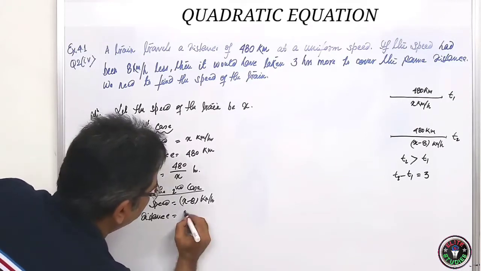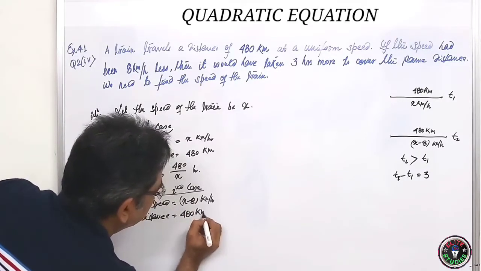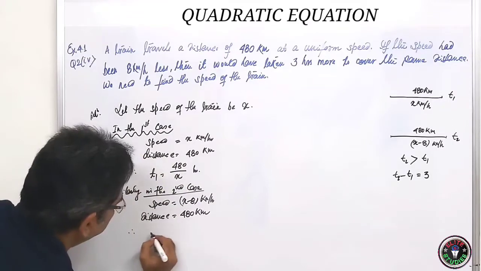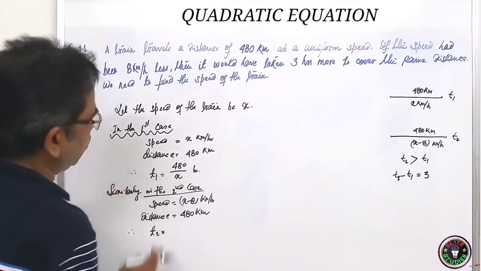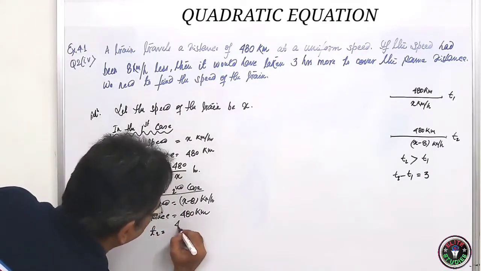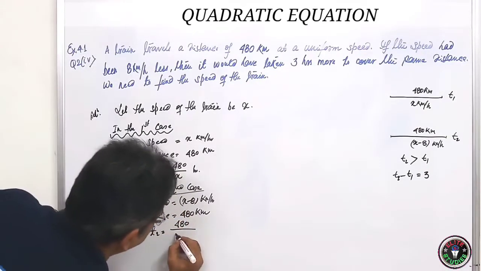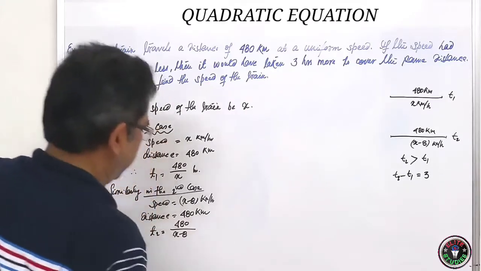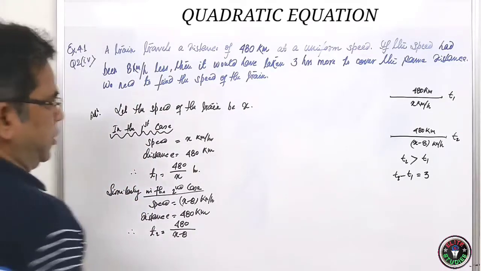Distance is equal to 480 kilometers. So therefore, t2 will be equal to distance by speed. Distance is 480 and the speed is x minus 8.